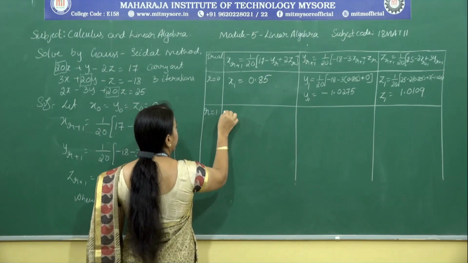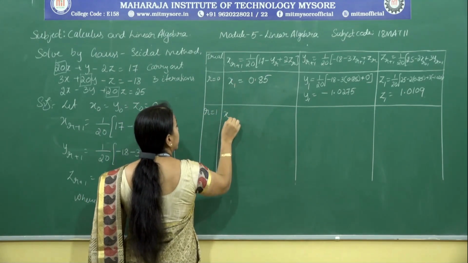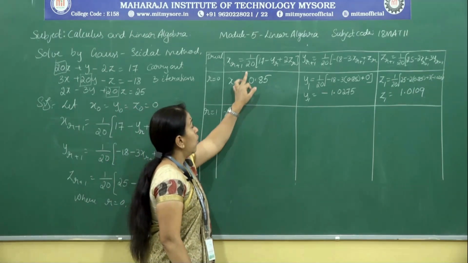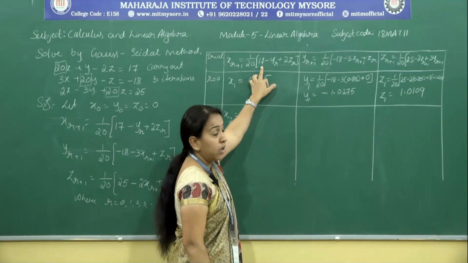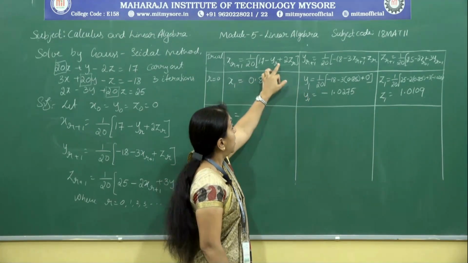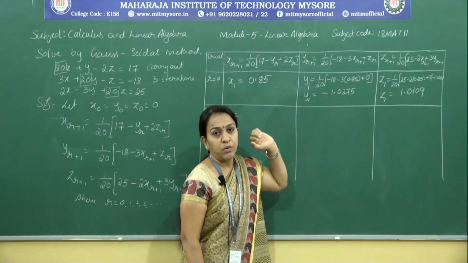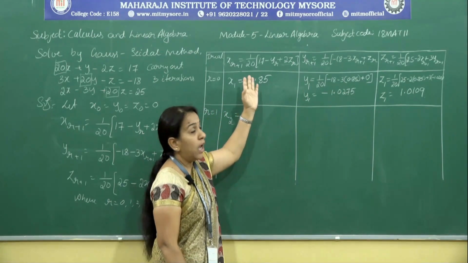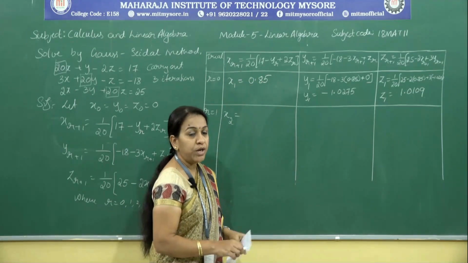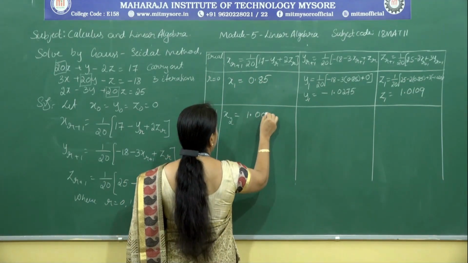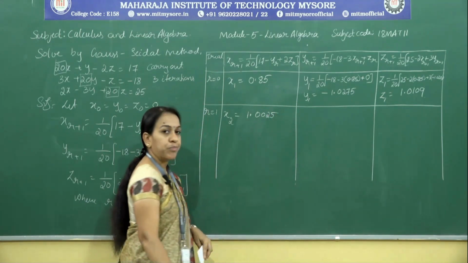With r equal to 1, I will get 1 plus 1 as 2. If I substitute r equal to 1, then 1 by 20 into 17 minus y1, this result, plus 2 times z1, that value. If I add, subtract and divide by 20, your x2 is 1.0025.